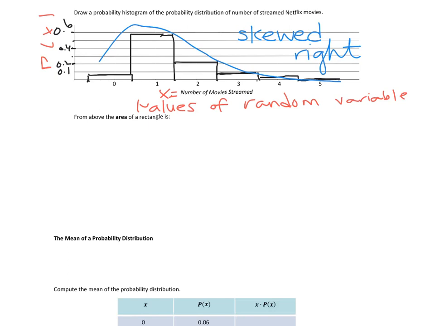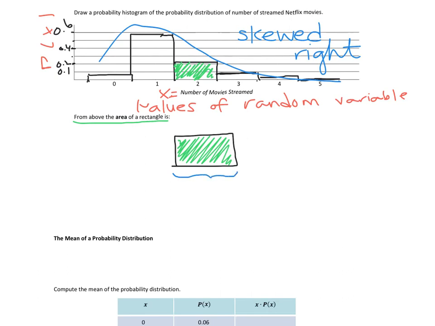So what I want to do is focus on this square. Right here. And I'm going to just bring it down. And we're going to talk about the area. All right, so from above, the area of a rectangle is, drum roll. Okay, so let's talk about some measurements of our square because we're focused on the area of our rectangles.